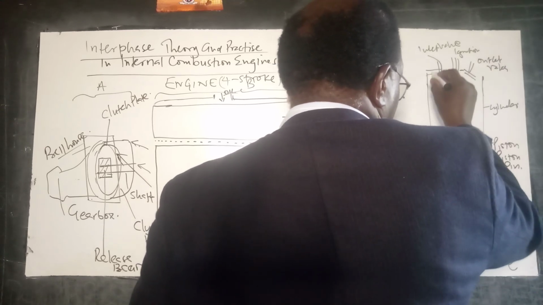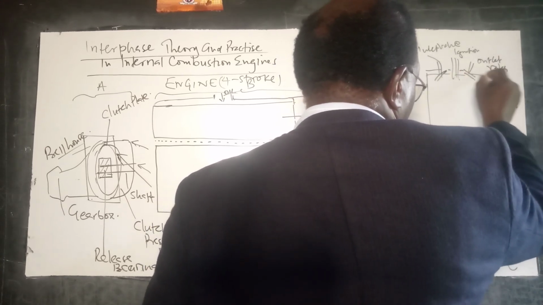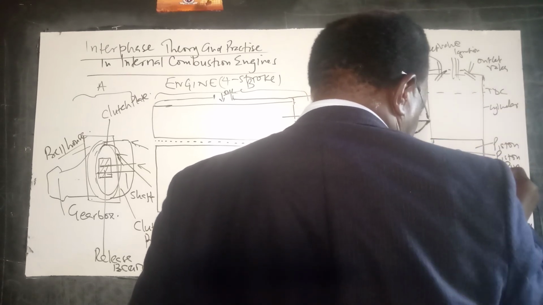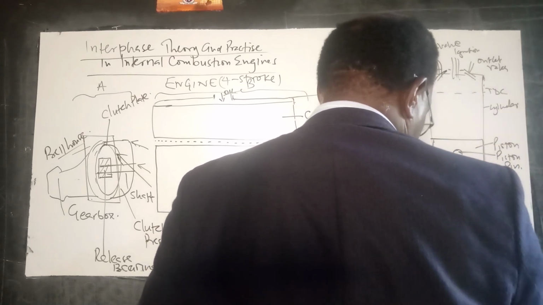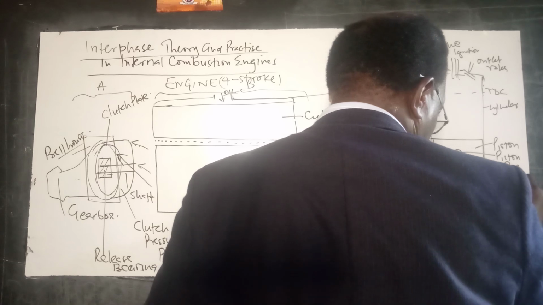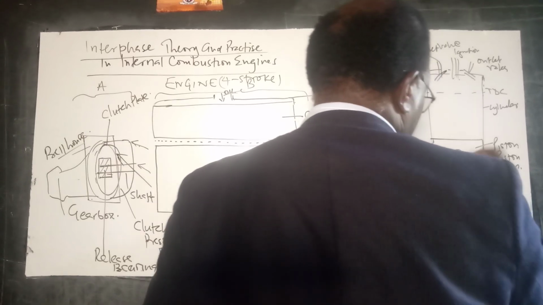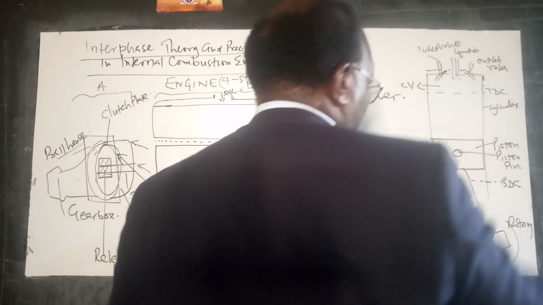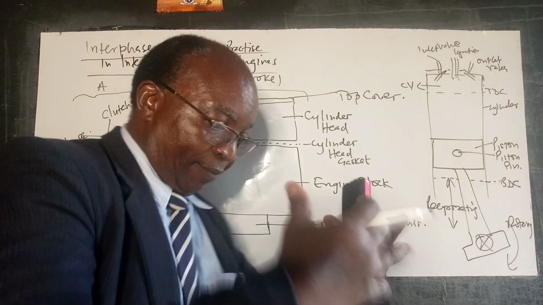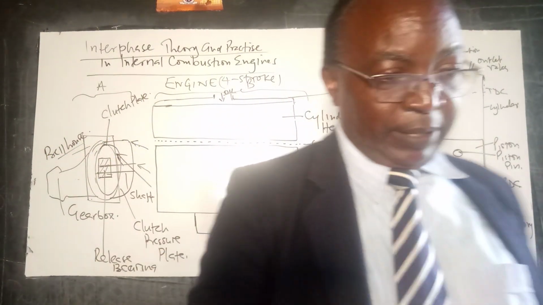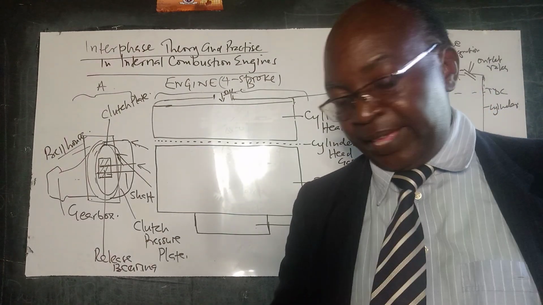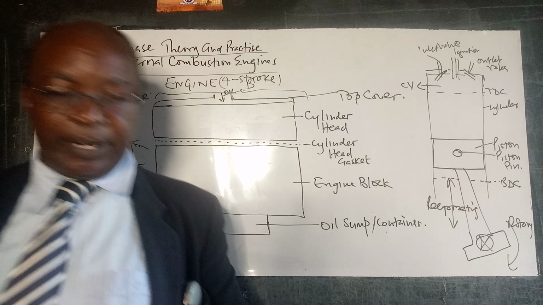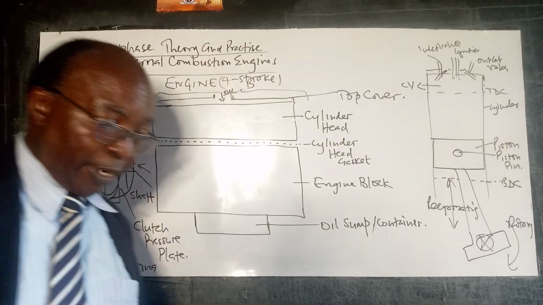Then we have our TDC, top dead center, and our BDC here. And of course, we have the clearance volume there. So we have already talked of the piston. Depending on the stroke, we have the inlet or suction, the compression, the power stroke, and of course the exhaust. So we have spoken about that.